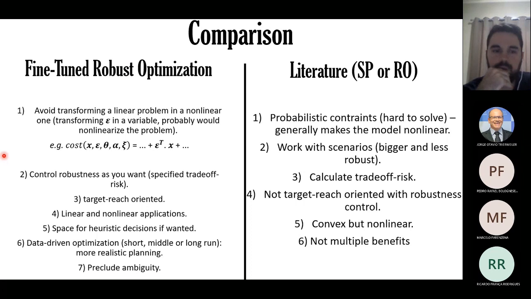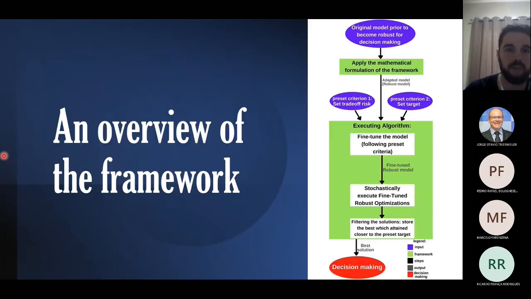And number 6, that it is data-driven optimization. You can use it for short, middle, or long-run planning, or whatever you call decision making, and it will give you more realistic planning. And number 7 is that it precludes ambiguity. So you don't need to use distributionally robust optimization, for example, because with this methodology, you're going to reshape your probability distribution. I will talk about it further.